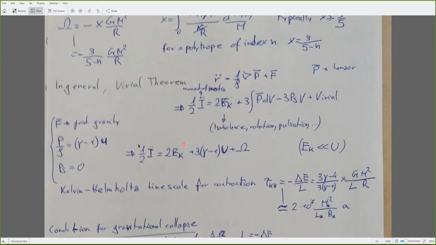Generally, we consider just gravity for this force, so this virial is just the gravitational potential.